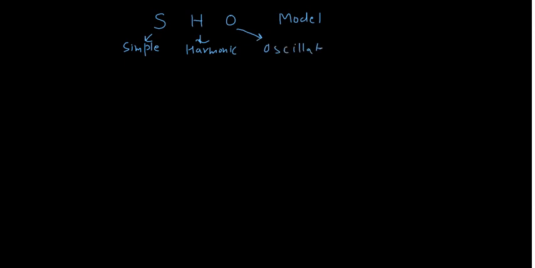This model I can choose, right? Why I am choosing this, I already explained to you. Because we can always take the bond and the atoms like your spring and the balls. And whenever you are discussing this spring and ball model, then obviously it will always follow the simple harmonic oscillator.